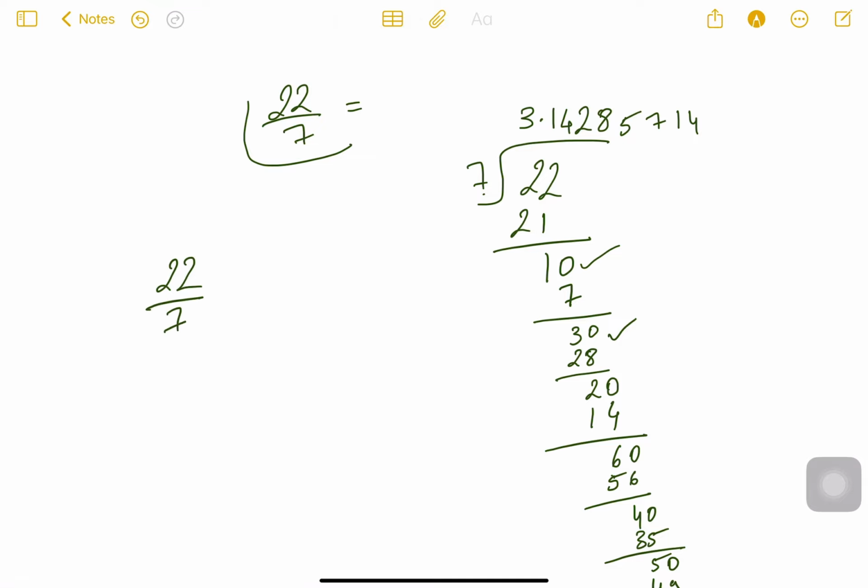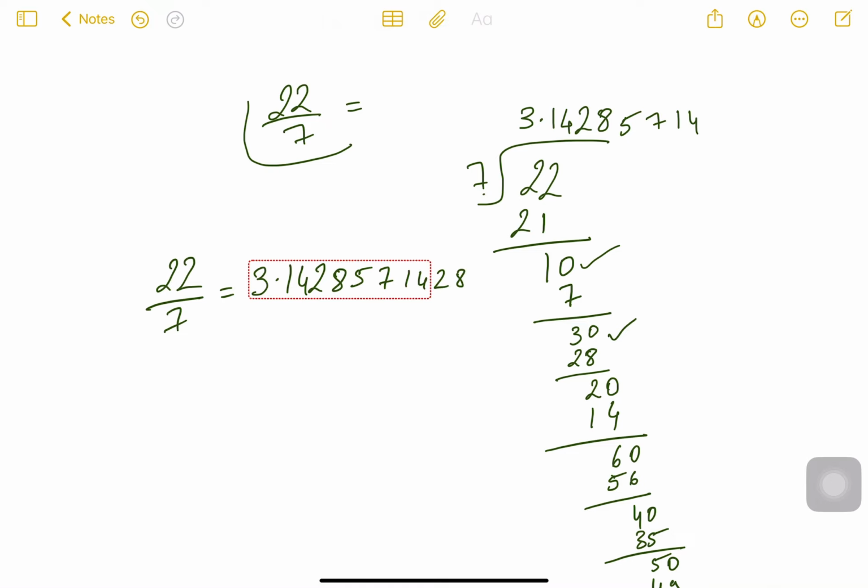22 by 7 is equal to 3.142857, again 1428.